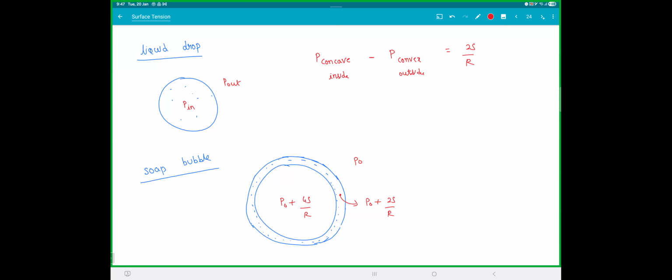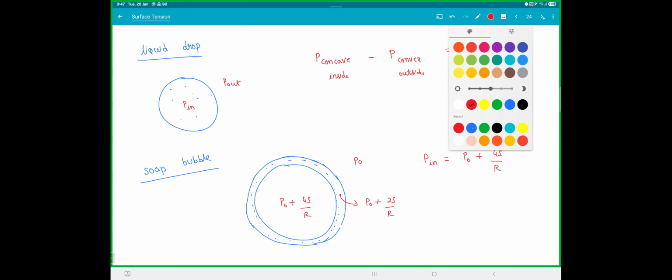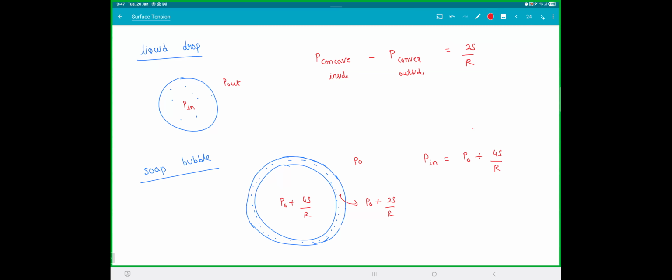So every surface will increase the pressure by 2s by r. So each surface will bump up the pressure by 2s by r. So since soap film has two surfaces, you get 4s by r. Clear with this?